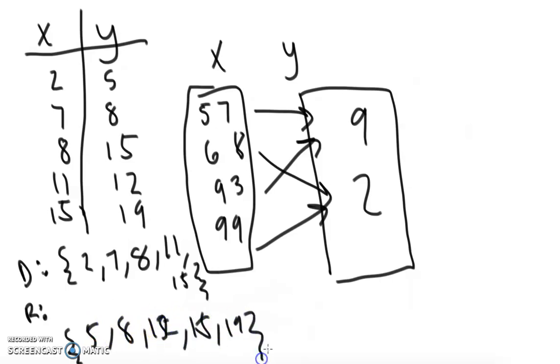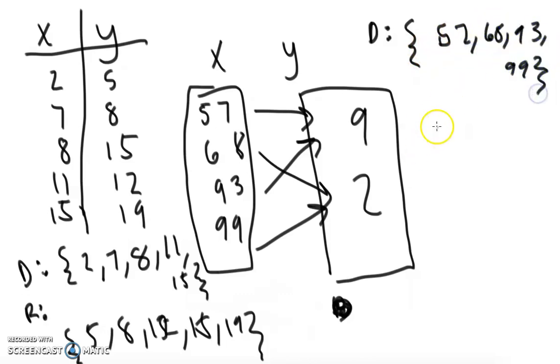Also, you want to list domain and range in numerical order, just as a precaution so you can get your points. So the domain for this is 57, 68, 93, 99. Range: 9, 2.